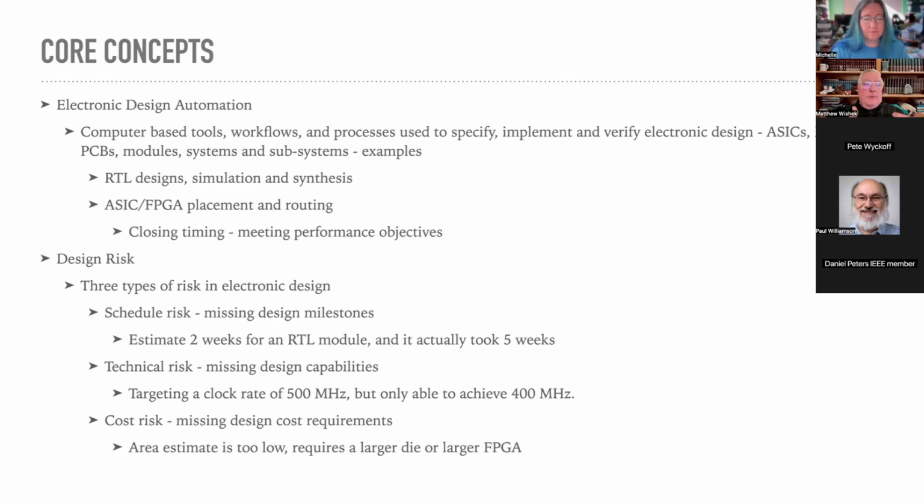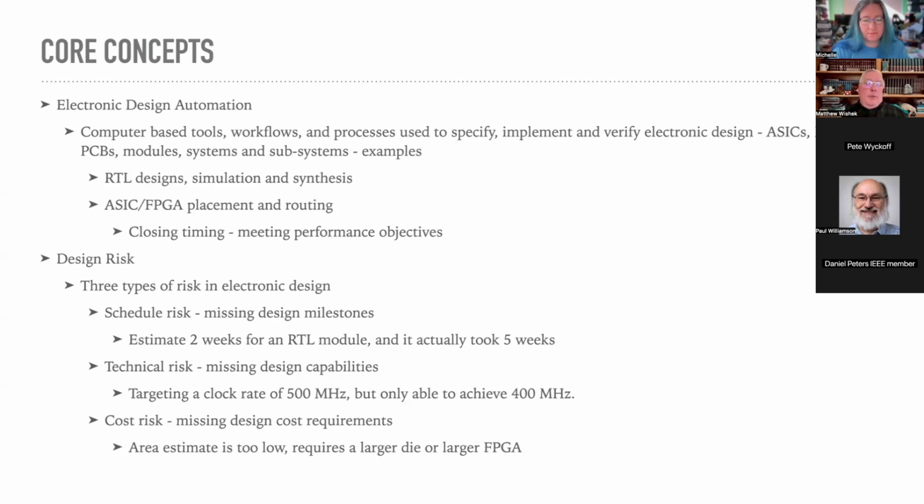And then the third is cost risk. This covers a lot of different things, but one good example of cost risk is that we've underestimated the area. That requires a larger FPGA, which costs more, or it requires a larger die, and again, that's more cost.